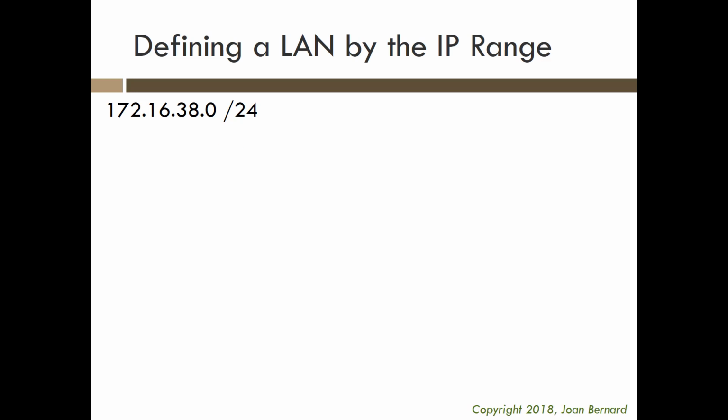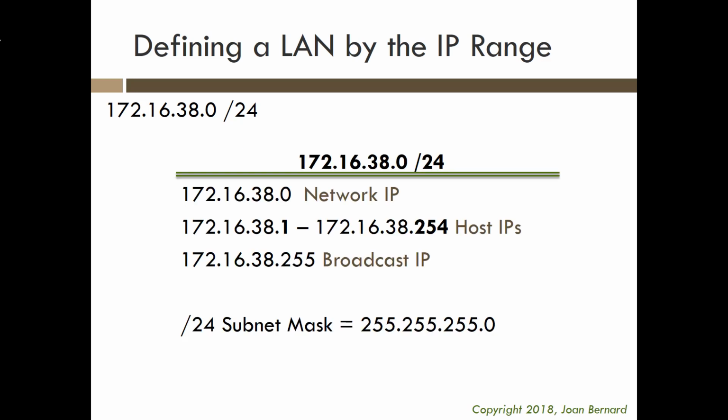It means that the network has a total of 256 IP addresses and 254 usable IP addresses, where the .0 address is the network IP, the .255 is the broadcast IP, and the numbers .1 through .254 are the host IP addresses.